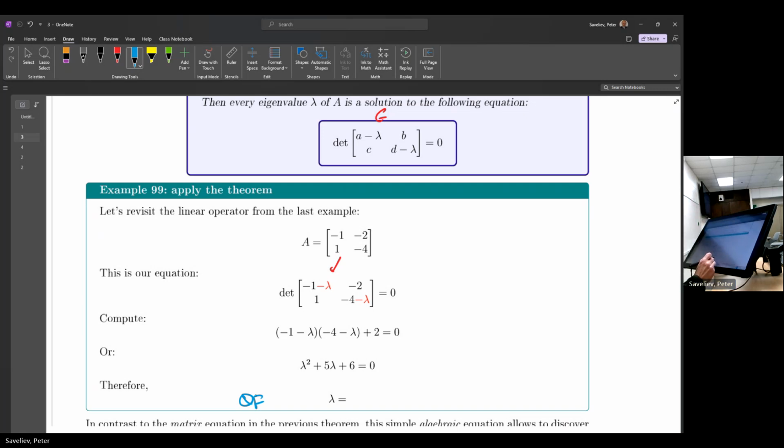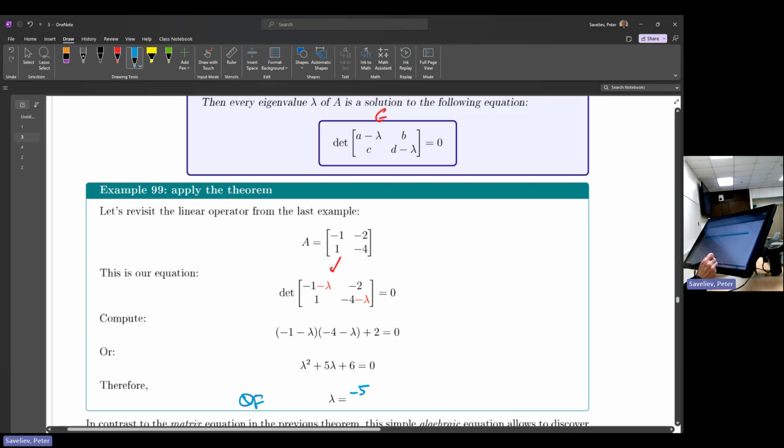So minus b, which is minus 5, plus or minus the square root of b squared, 25, minus 4ac, 4 times 6, over 2.